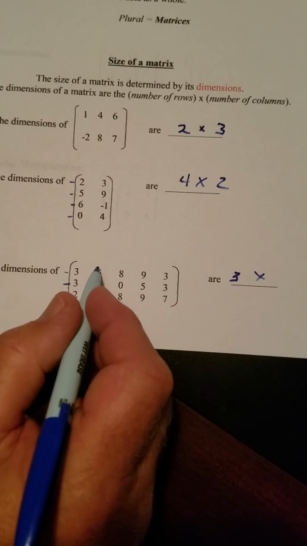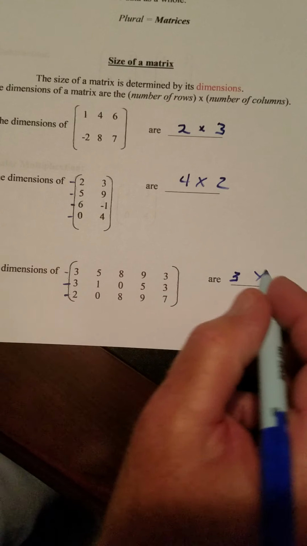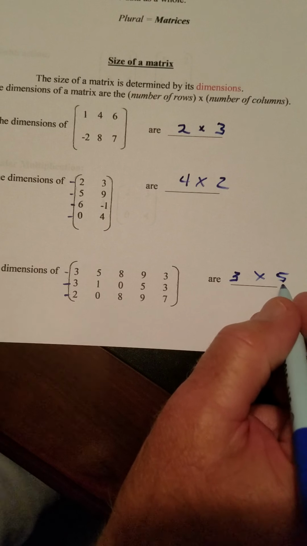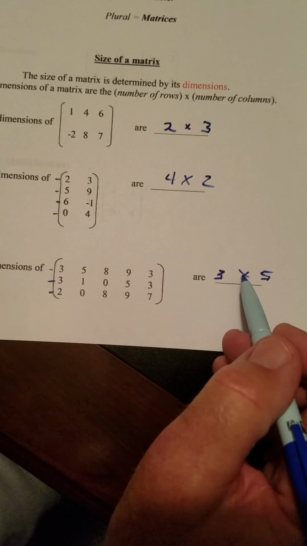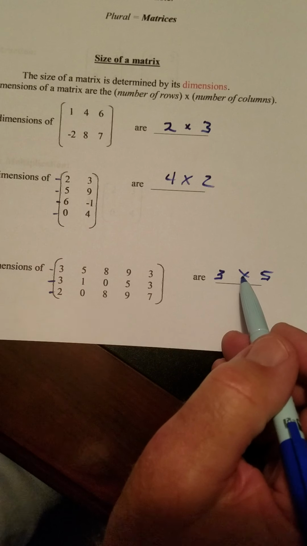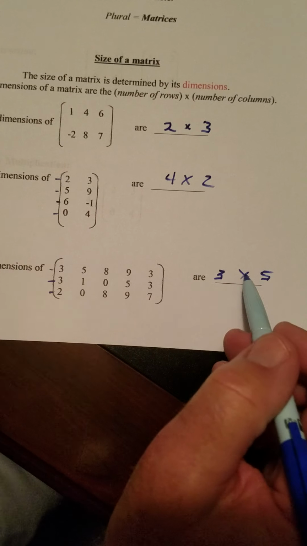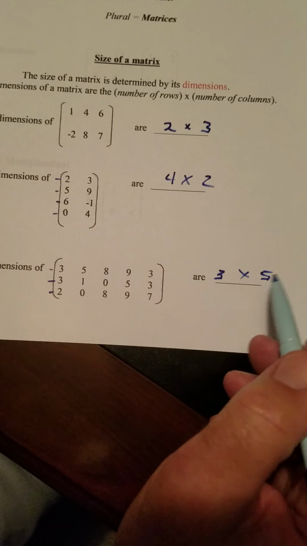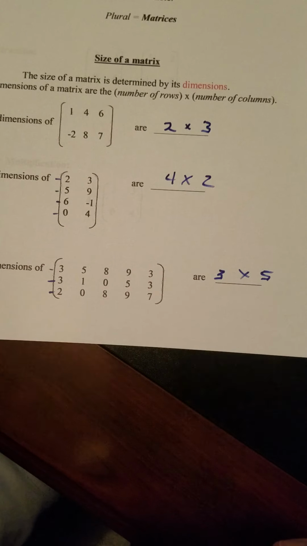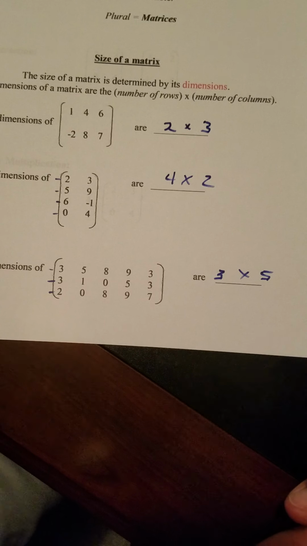I got 1, 2, 3, 4, looks like 5 columns. So that is a 3 by 5 matrix. Now you'll notice I put the little X in there, usually means times, but we just say 3 by 5. We won't multiply those and come up with a number like 15 or 8 or 6 on the other ones. We just say a 3 by 5.